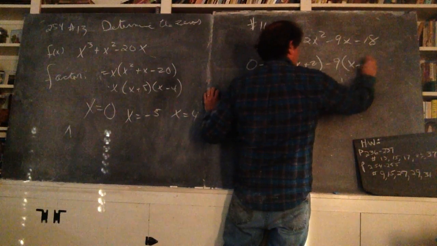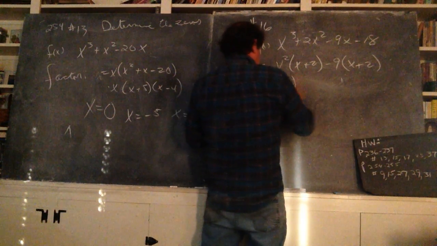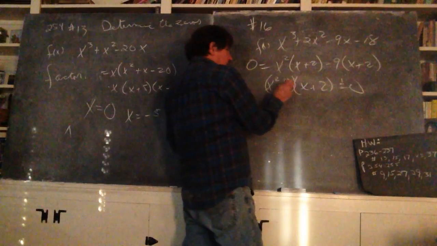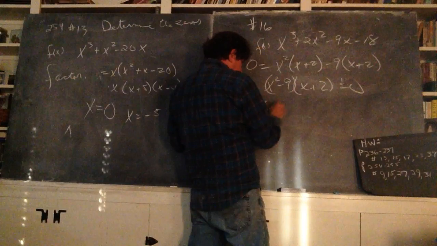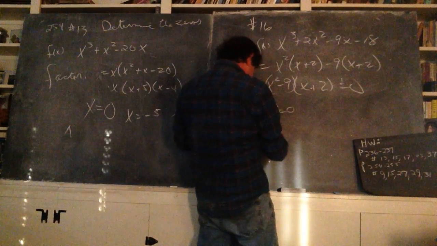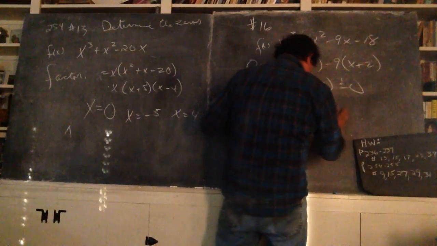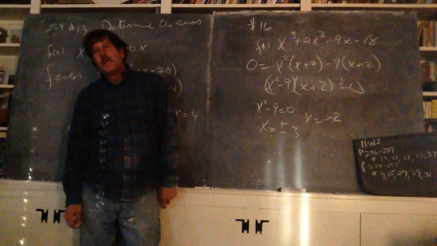And then here's a common factor. So x squared minus 9 equals 0, x is plus or minus 3, and then x is negative 2. So there are the zeros using factoring.